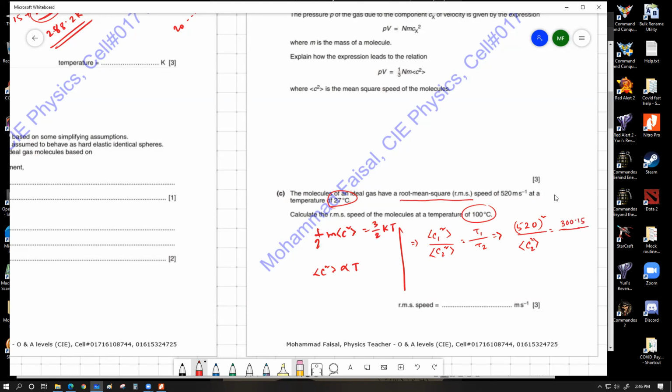You might wonder why I bother to bring about 0.15? Because of the accuracy of calculation, nothing else. And divided by 100 degrees Celsius is going to be simply 373.15. Solve this calculation for the value of C2 only.